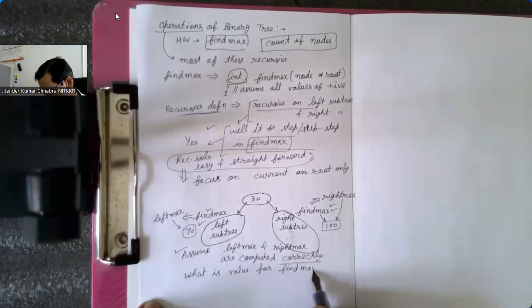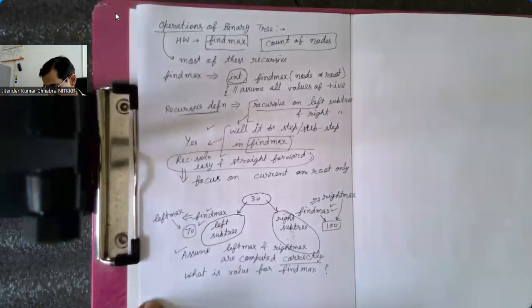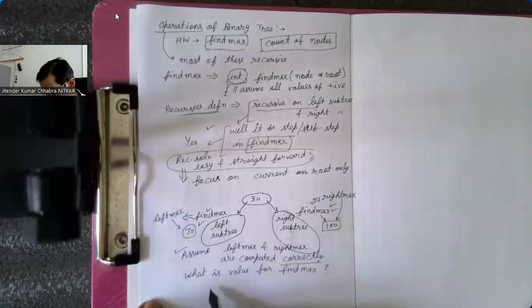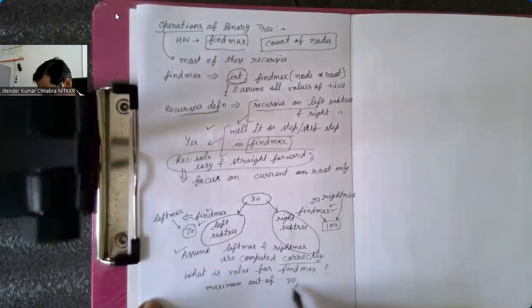How will you get max out of this? So max out of this is obviously 100. How? You will say effectively you have to find maximum out of 30, which was the root's data, 70 and 100. What is 30? Root arrow data. What is 70?